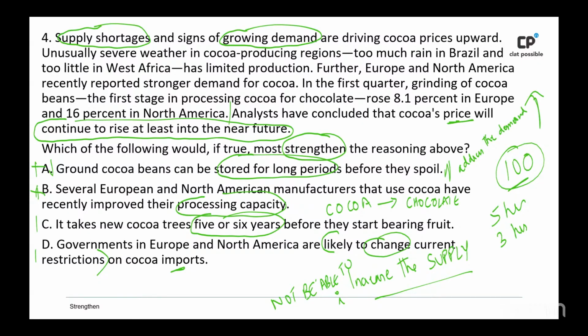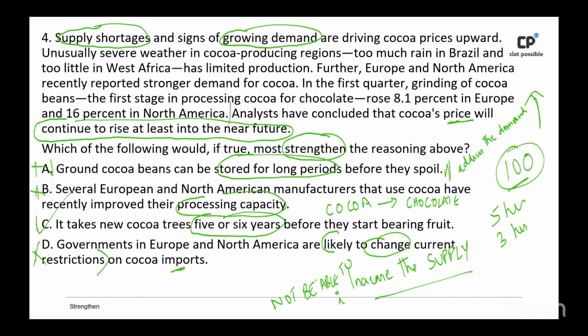Or will they relax the restrictions? We don't know for sure. So on that end, it is vague. It is not telling us exactly whether they will make it more strict or relax it. Depending on that, we can say whether it strengthens the argument or weakens it. But since that's not very clear in this option, D also is out. Option C is correct.